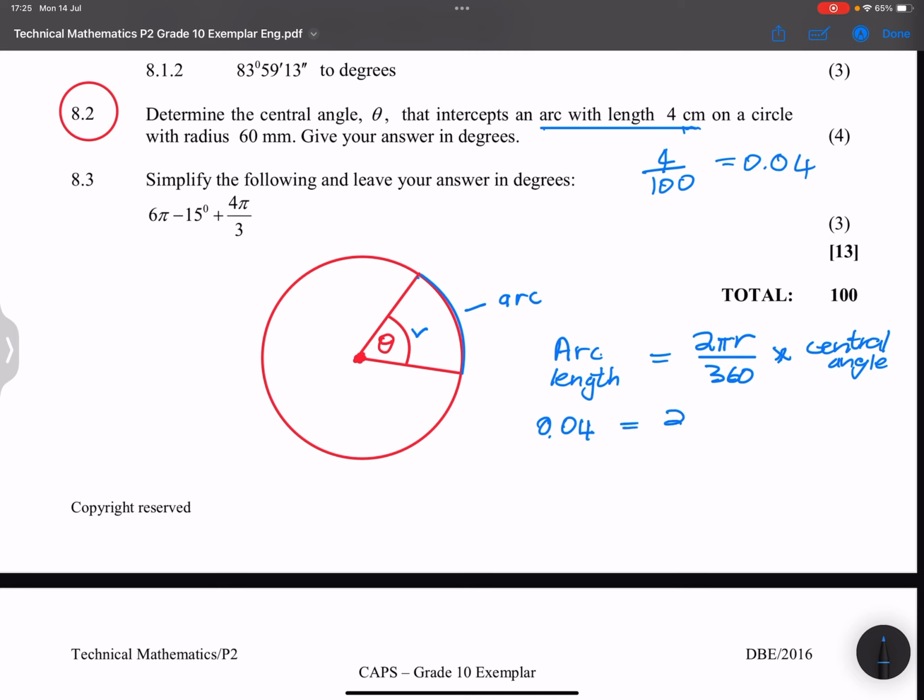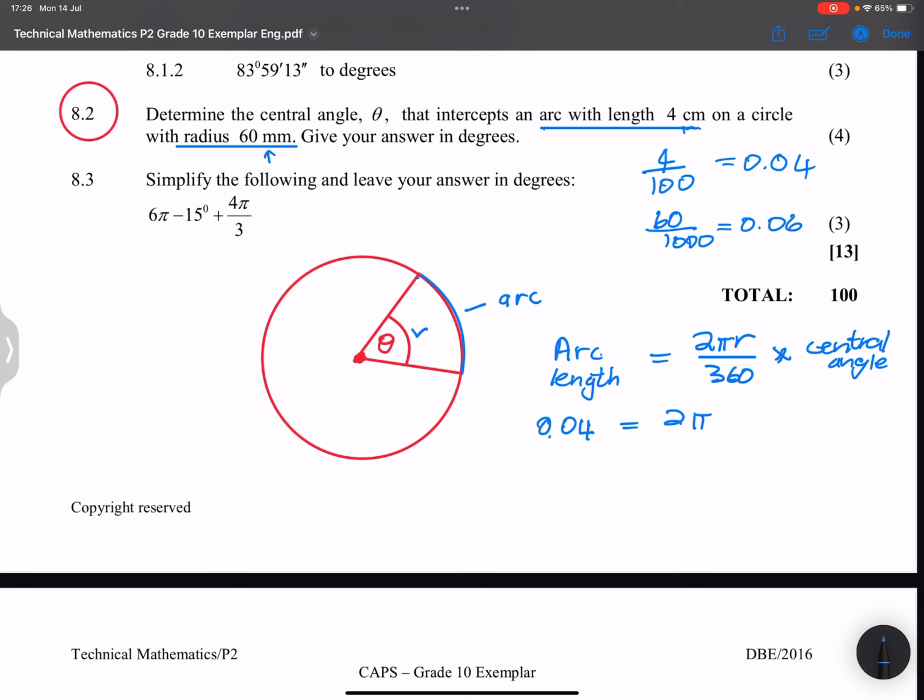And this would be 2 pi. Now we are given the radius of the circle, and they said it's 60 millimeters. Now milli is a 1,000th, meaning we are dividing by 1,000. So I'm going to say that's 60 divided by 1,000, and this would give me 0.06.